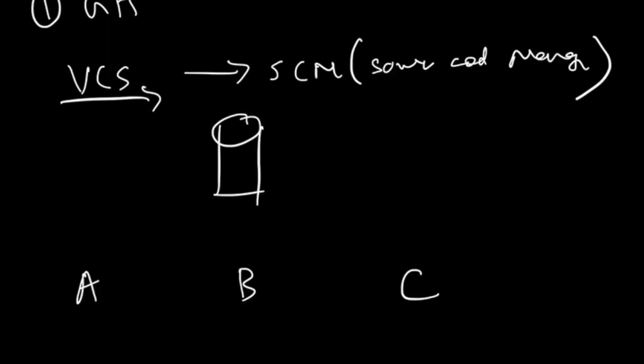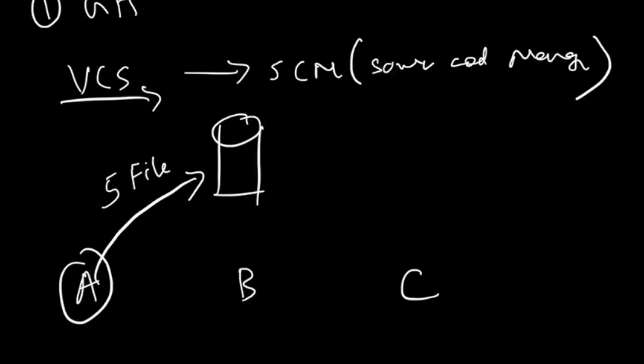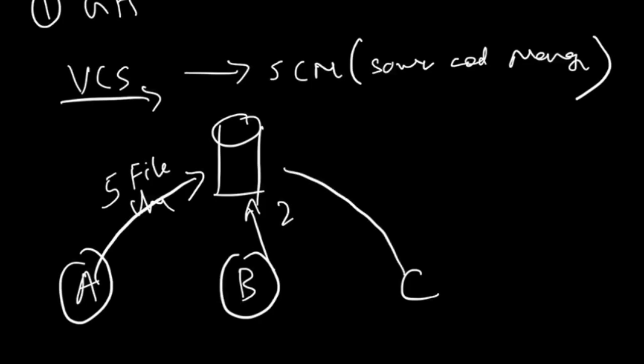That means let's say A does some file changes, and similarly B does some 2 file changes and C does some 7 file changes.